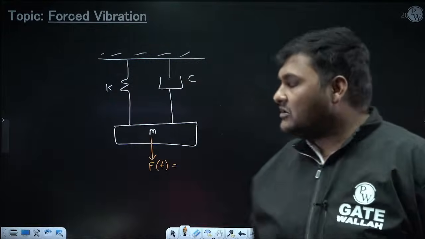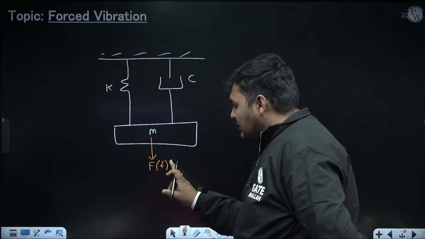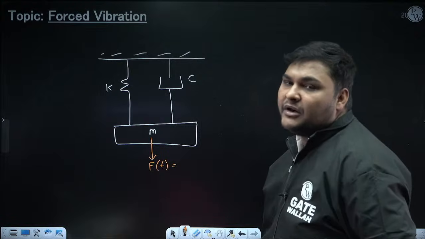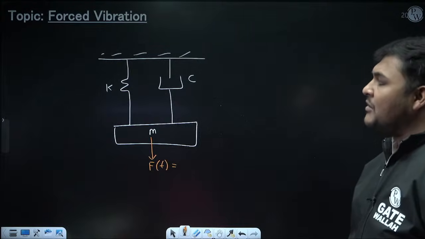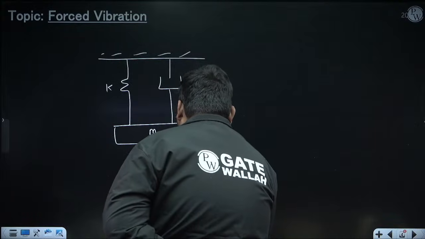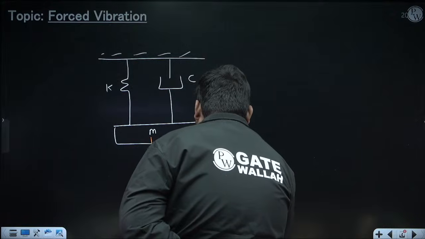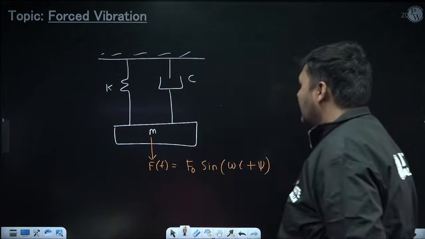In our syllabus we have to study the case in which this external time dependent force is a harmonic force. Harmonic means it will be in the form of either sine or cos. Suppose this harmonic force is F naught sine(omega t plus psi). It will be given in the question.